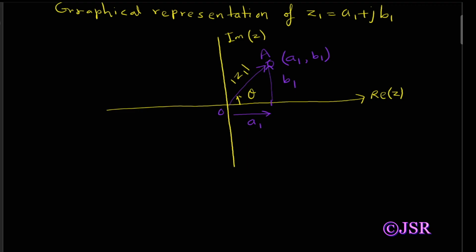So the distance of line OA will be mod of z1, and that will be the magnitude of z1, and the angle theta will be the argument of z1, and that is represented by angle of z1.